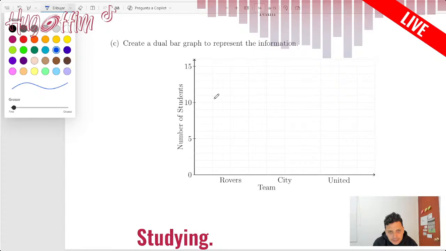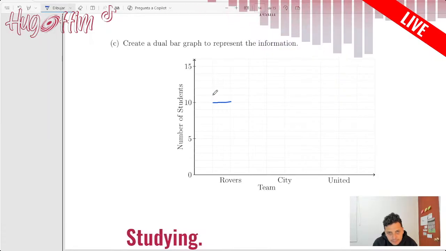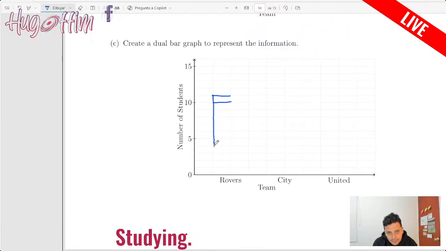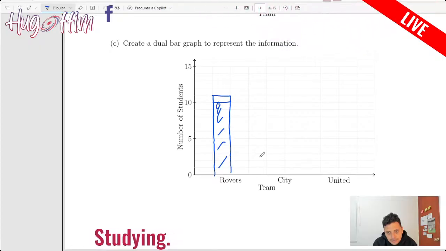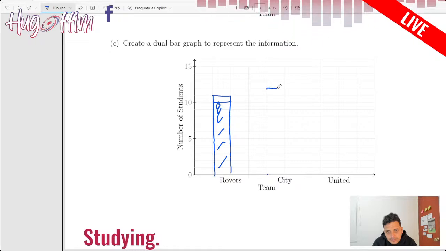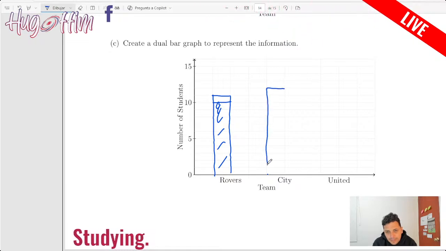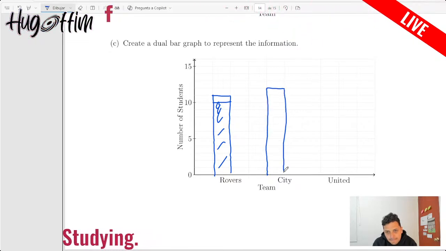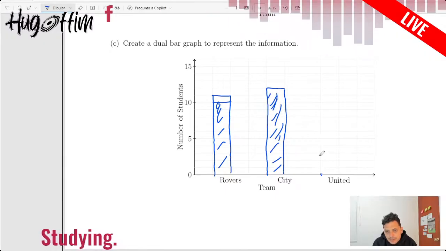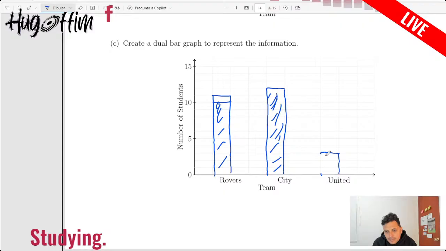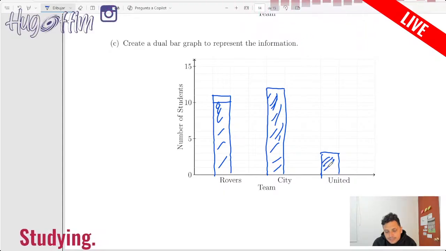So for Roberts, 11. For City 12, and United 3. Got it?